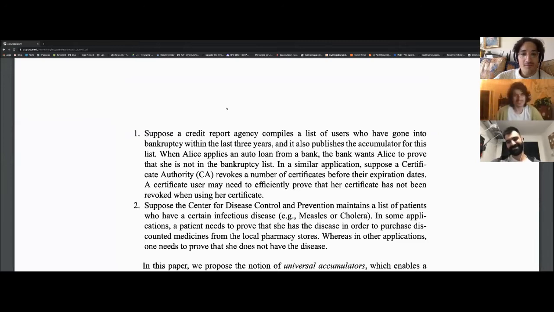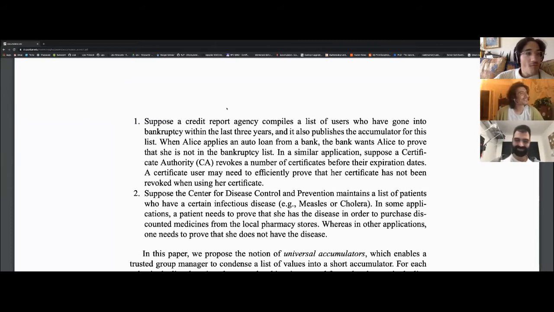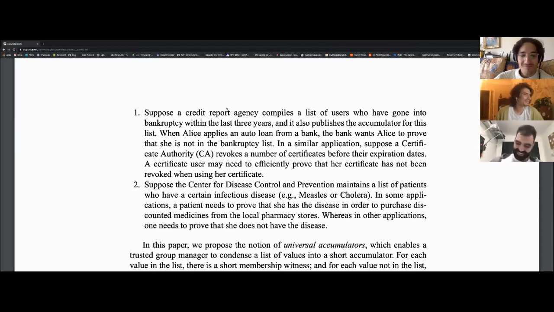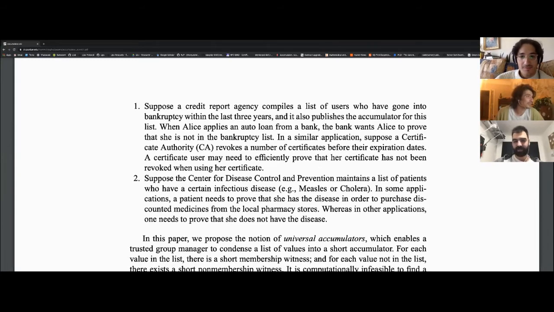So you have these two use cases. Basically, there are situations in which you want to show that you're not part of a data set. Especially in COVID times, right?